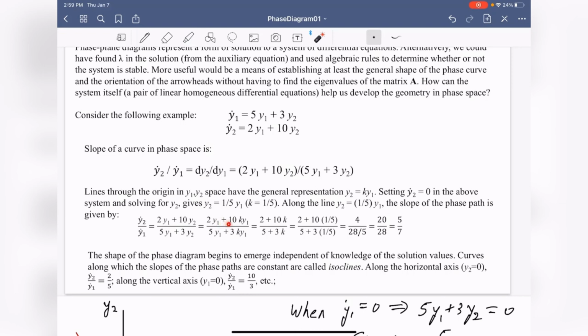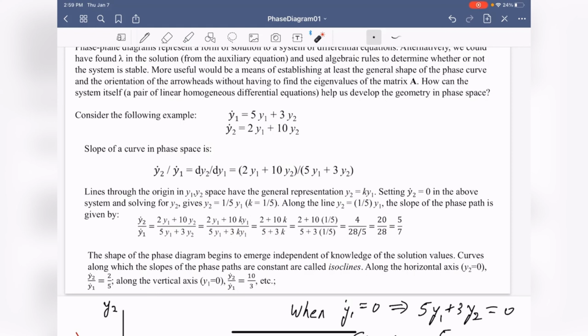So we get 2y1 plus 10ky1 divided by 5y1 plus 3ky1. The y1s cancel out. So we get 2 plus 10k divided by 5 plus 3k. We put in for k the 1/5, which comes from here, and we end up with 5/7 as being the slope of the phase path.